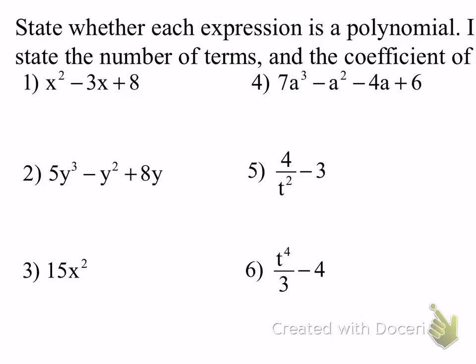Now it's asking us to tell whether it's a polynomial, state the number of terms, and the coefficient of the terms. So, is this a polynomial? Yes, it is. How many terms, Shaylin? 3 terms. What are the coefficients, please? 1, -3, and 8.